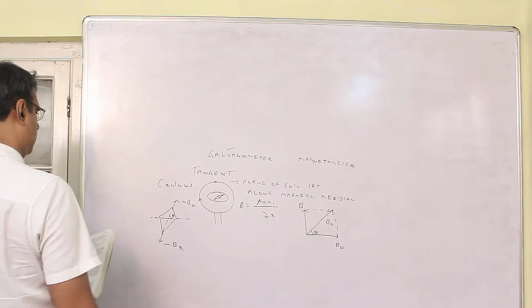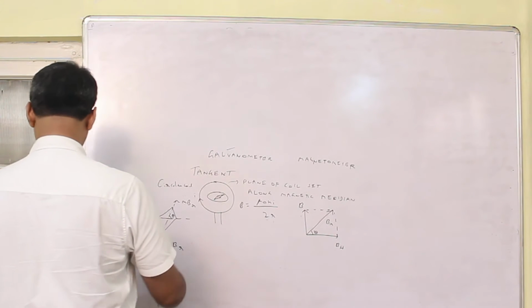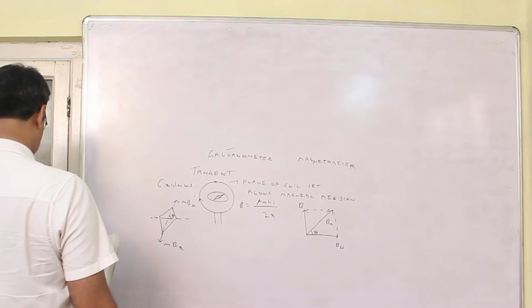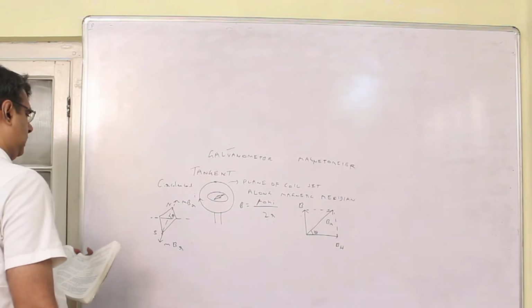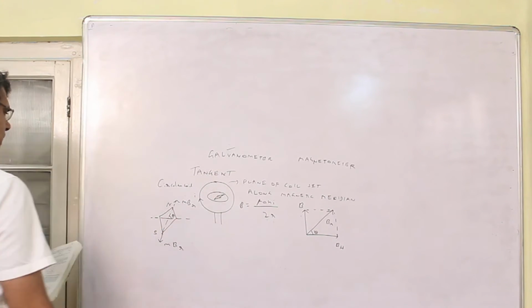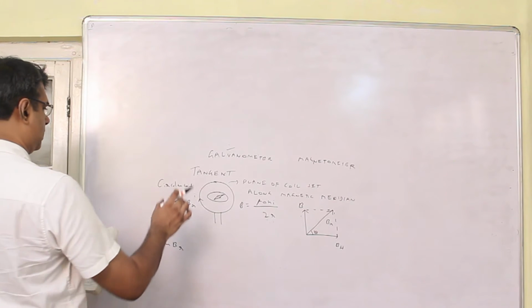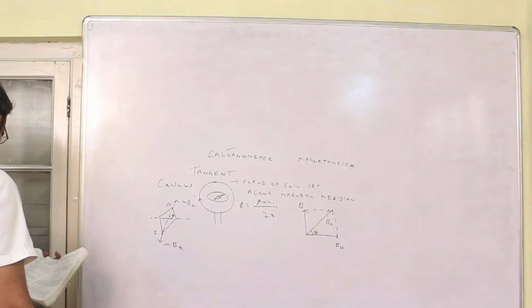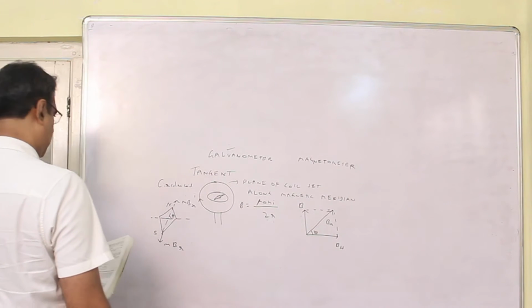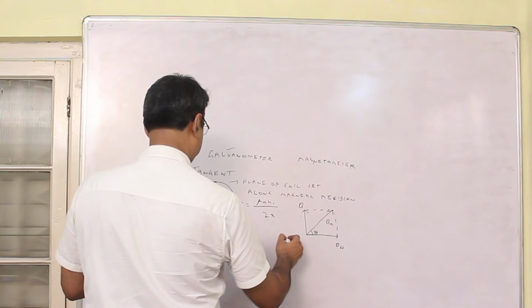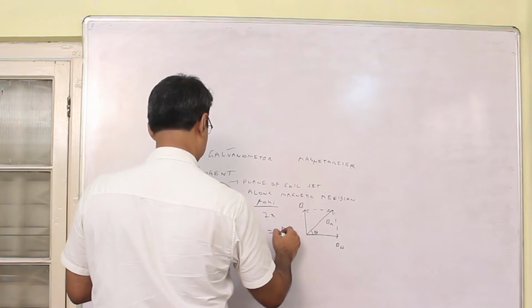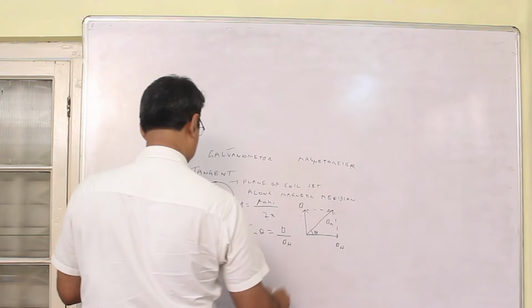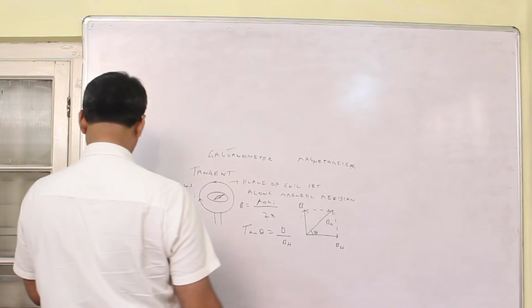So M into Br, these are the two forces on the north and the south of the compass needle. As you can see, these two forces are cancelling each other. That is why the compass needle is steady in that position. Now if you look at this diagram, it's pretty clear that tan theta is equal to B divided by BH.